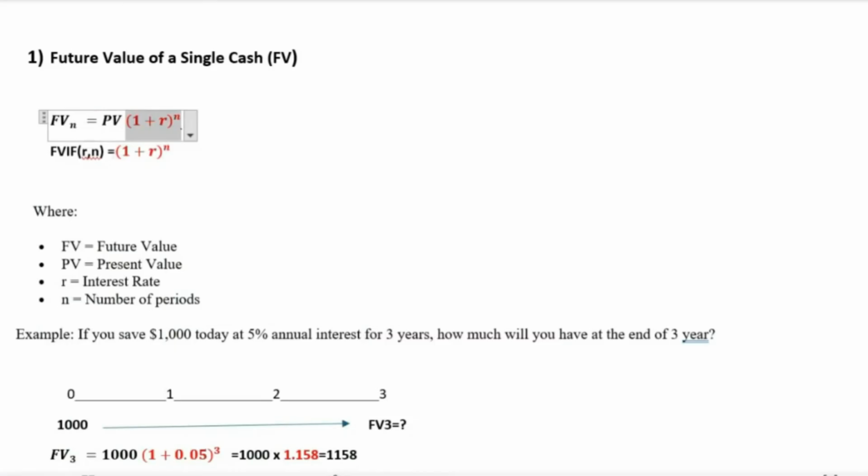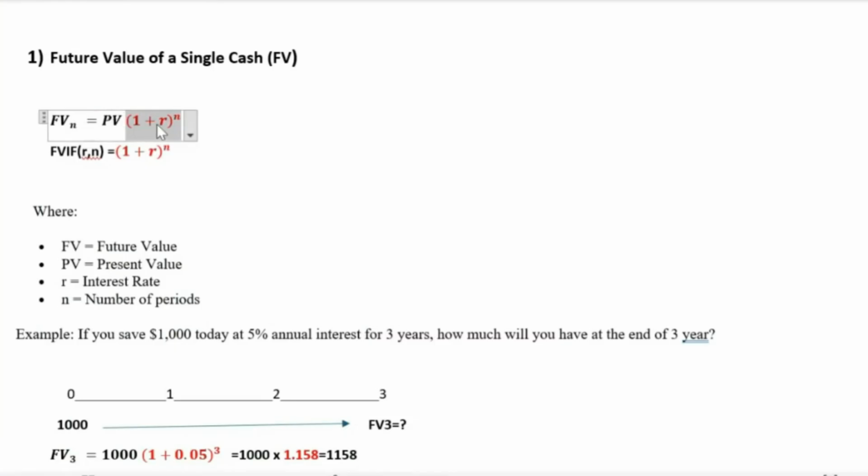The same thing is true for money occurring at different points in time. We cannot compare dollar for dollar. We need to find their equivalent amount at a common point. Okay, so this is our first formula, the future value of a single cash flow formula.